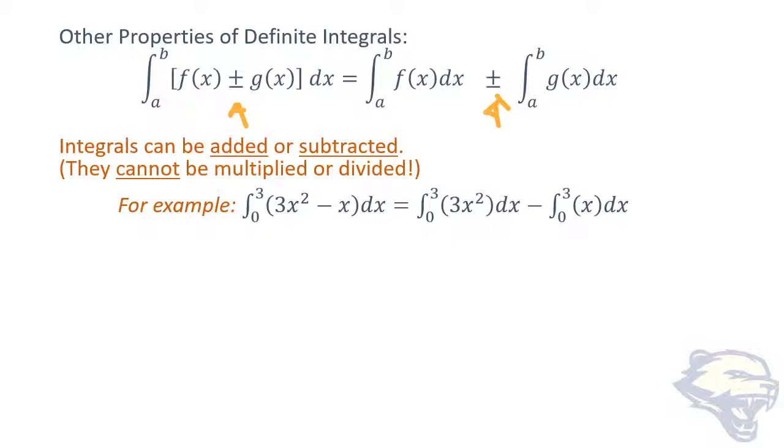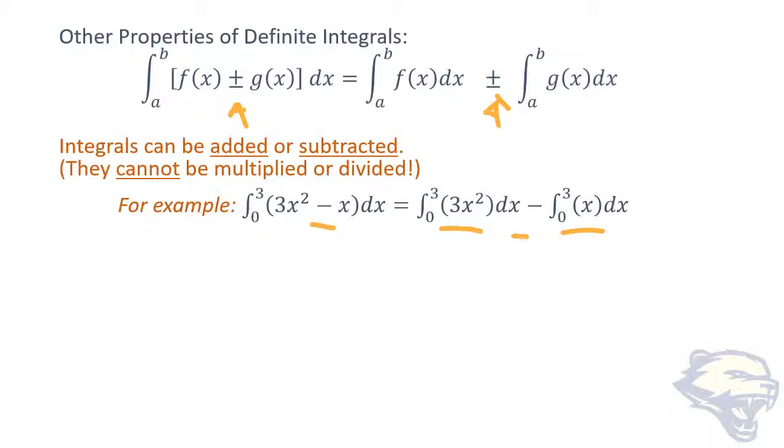So what that actually looks like in practice is down here where it says, for example. If I have the integral from 0 to 3 of 3x squared minus x, I can have one of those integrals with 3x squared dx minus, because it was originally a minus, the integral from 0 to 3 of x. So they both still are the integral from 0 to 3, and they both still have the dx in the back.